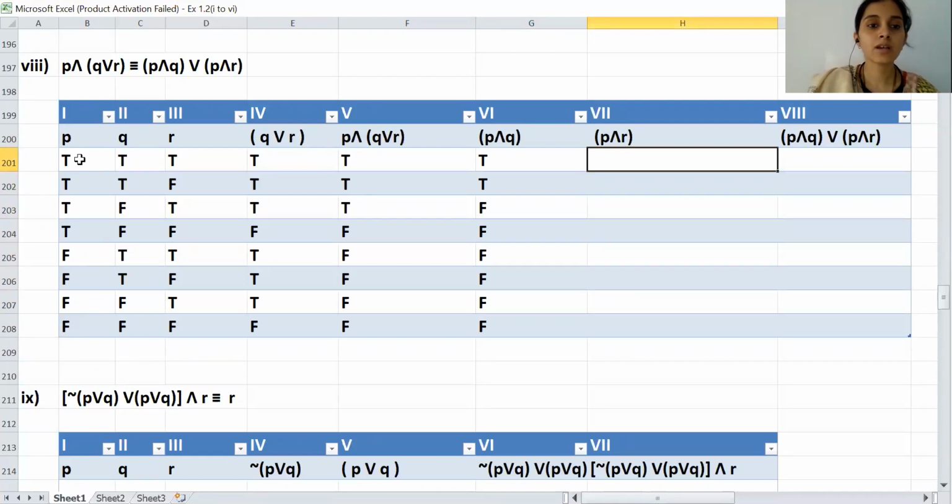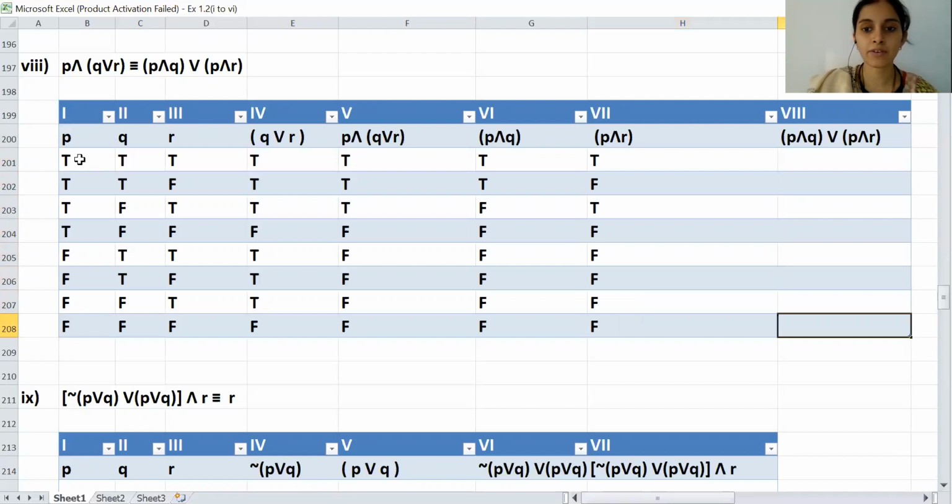The next one is P and R, that is our second bracket. So 1 and 3, we have to use the first and third column. So T and T, T, T and F, F, T and T, T, T and F, F, F and T, F, F and F, F, F and T, F, F and F, F.